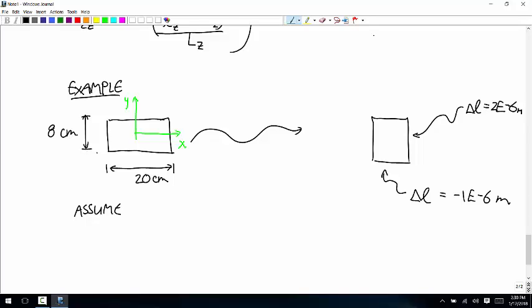We're going to assume that the strain is uniform throughout this whole shape. Throughout this object. What are the normal strains?